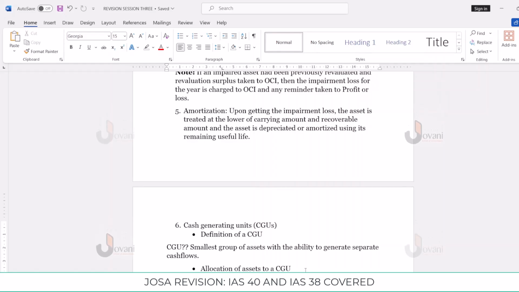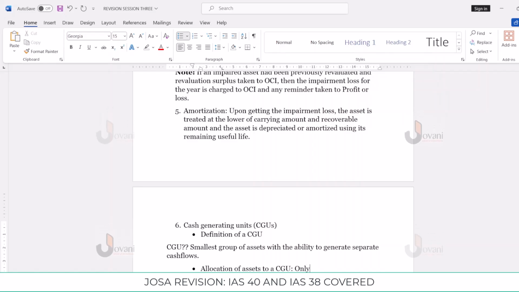On the allocation of assets to a CGU, my point of discussion was: we can only include an asset as part of a CGU if it has the ability to generate cash flows that can be used in the value of the CGU. Does that make sense?